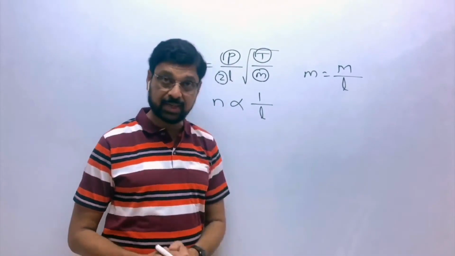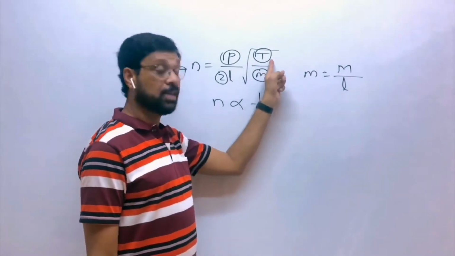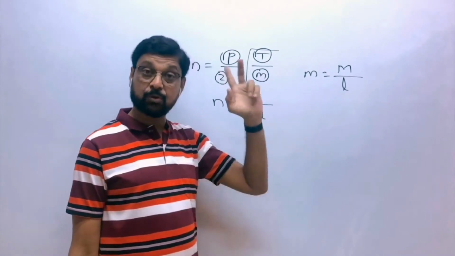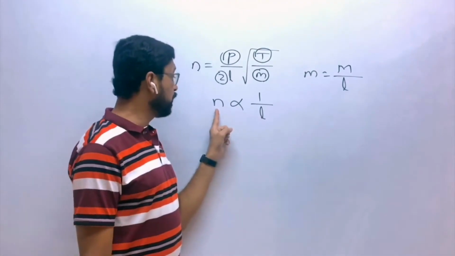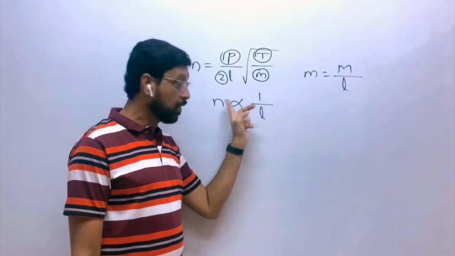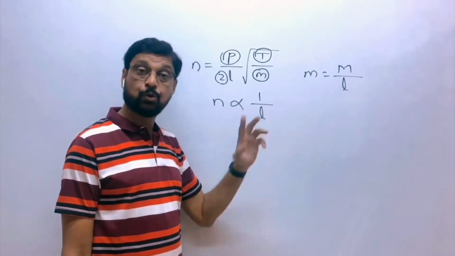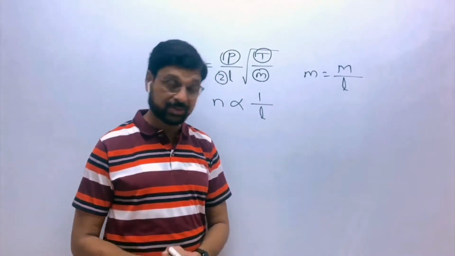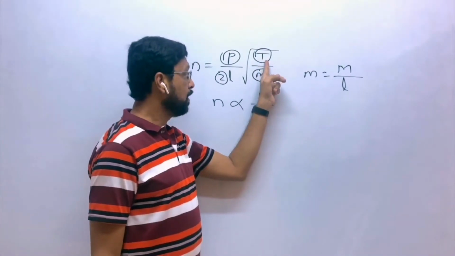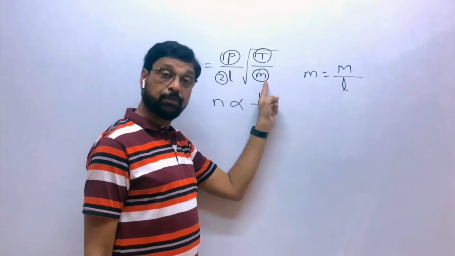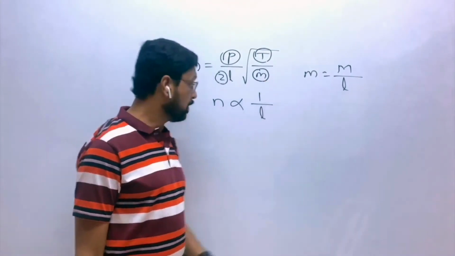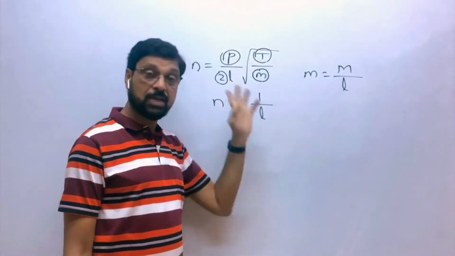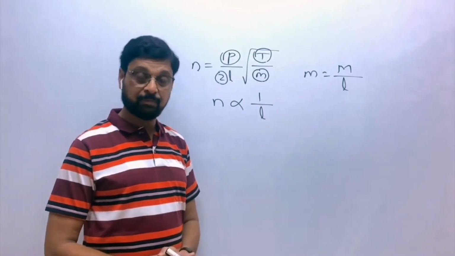So the first law says that if tension in the string and mass per unit length of a string is kept constant, then its frequency of vibration is inversely proportional to its length. First law.